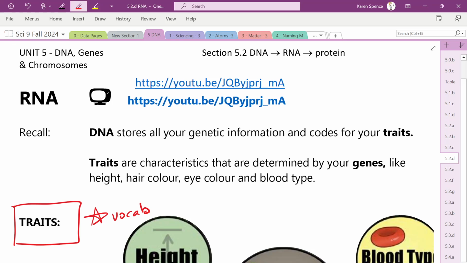So that means that I have at least one copy of the hitchhiker's thumb gene. I might have a straight thumb gene, but it gets overpowered by the hitchhiker's thumb gene. In order to have a straight thumb, you need to have 2 straight thumb genes. This is what grade 10 biology is going to be about. It's going to be about looking at actual traits and how they're inherited.